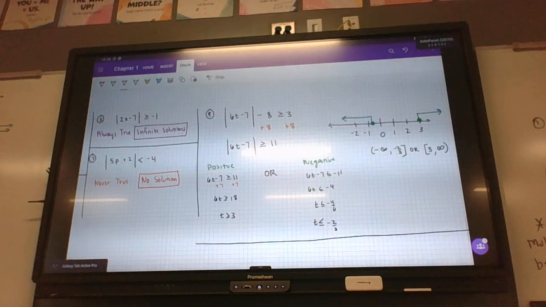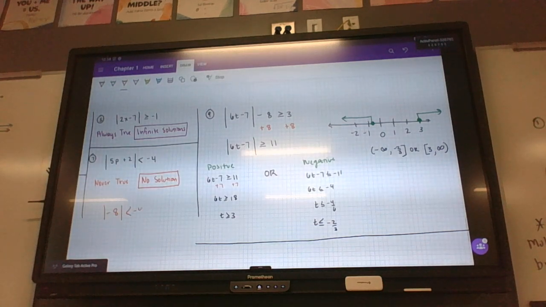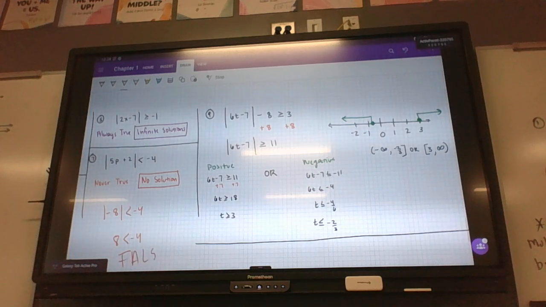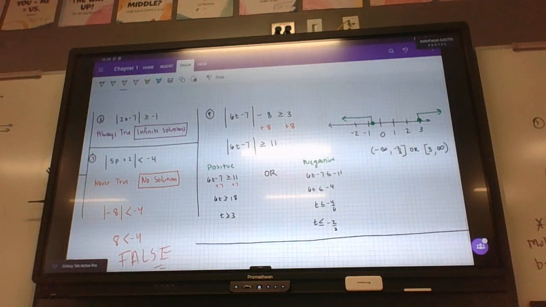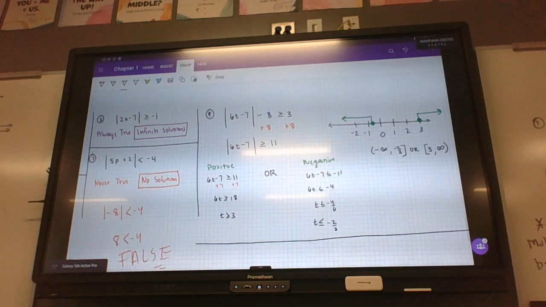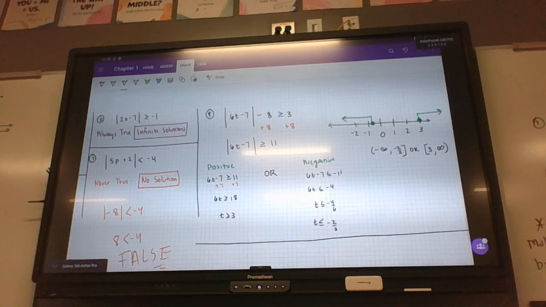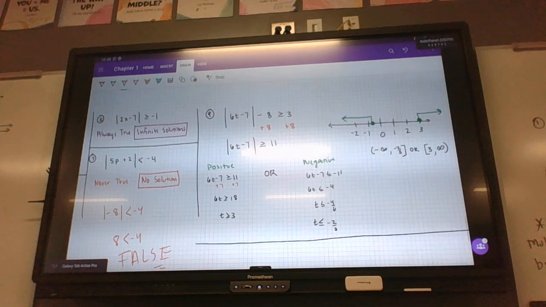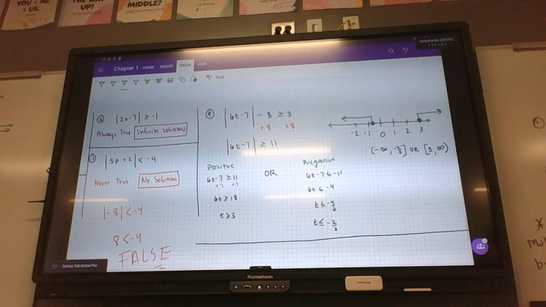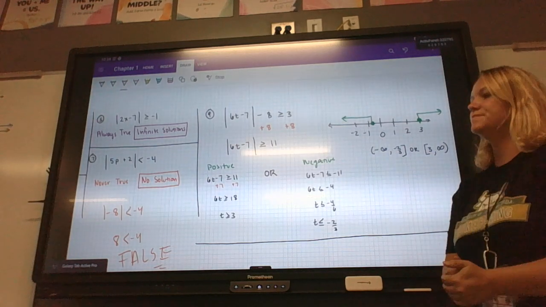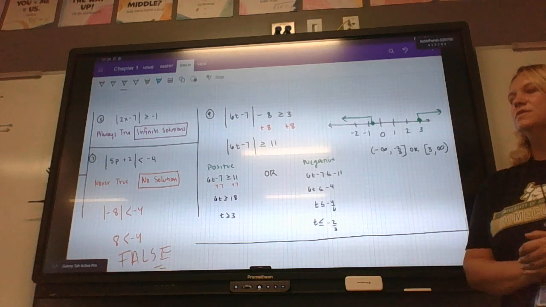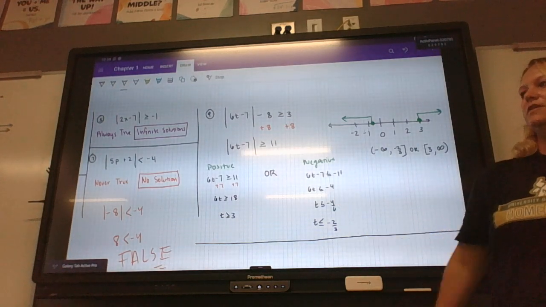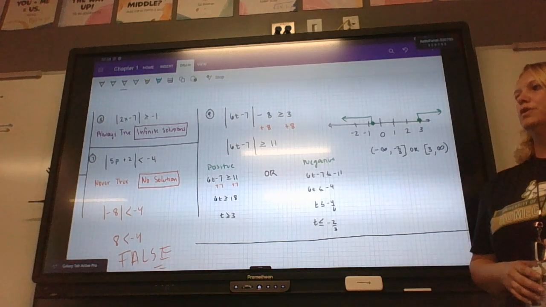Oh, and then it's absolute value. It is 8. The bars are going to take any negative and make it positive. Good job, Ken. And that's going to happen with anything. It's always going to be false. It's just annoying how they even type problems that are false like that. Just get it out of here. Wrong, wrong, wrong.